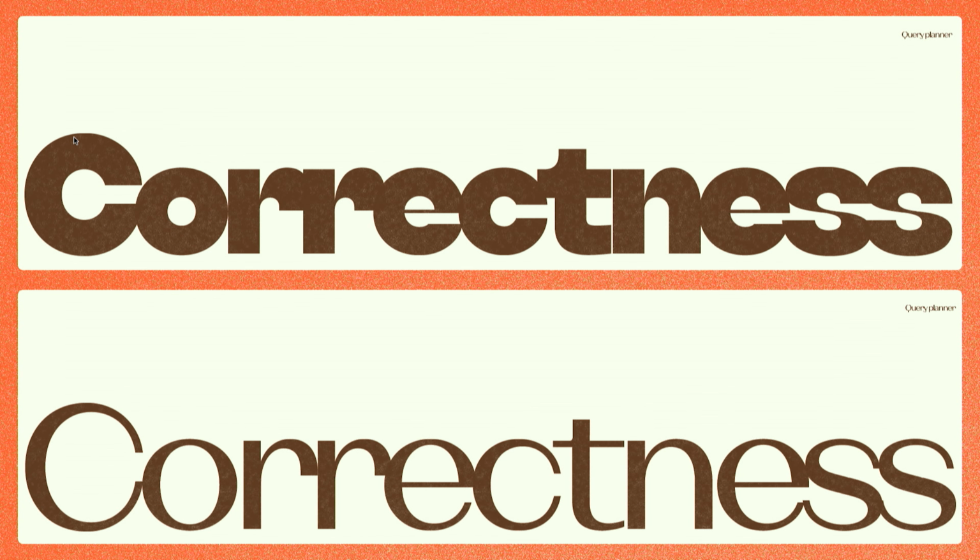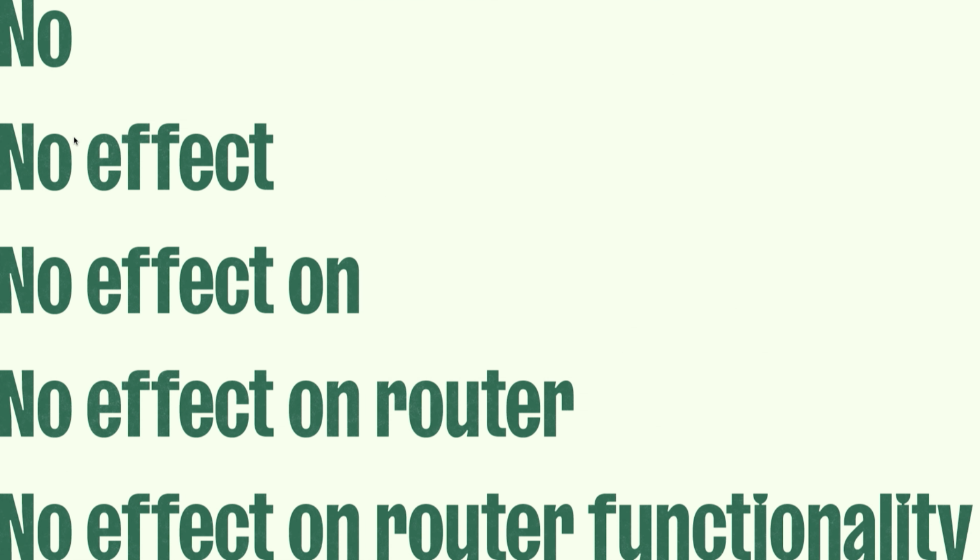Correctness. So in terms of correctness, it's really, really simple, I think, on what we want to achieve. We basically don't want to have an effect on what the router currently does. That's it. It should be an invisible swap between the two implementations. Everything remains the same. We resolve operations just in exactly the same way as they have been done before.